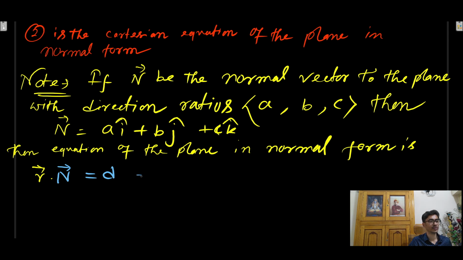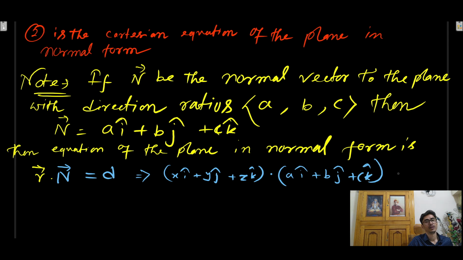So it takes the form x i cap plus y j cap plus z k cap dot a i cap plus b j cap plus c k cap equal to d, which implies ax plus by plus cz equal to d.